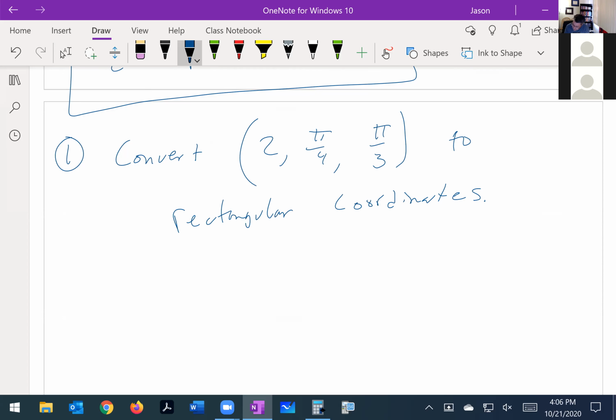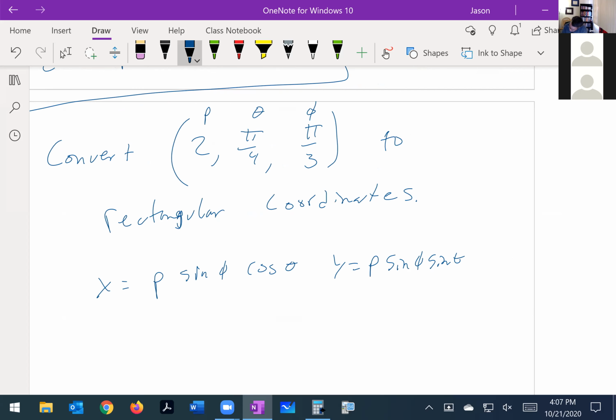So this is rho, theta, and phi. We said that x was equal to rho sine phi cosine theta, y was equal to rho sine phi sine theta, and z is just equal to rho cosine phi.